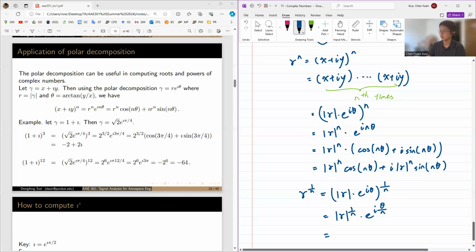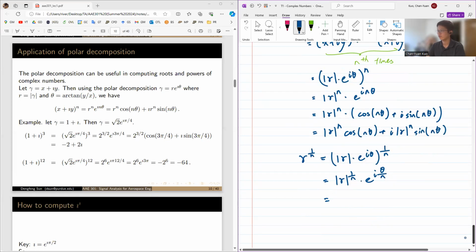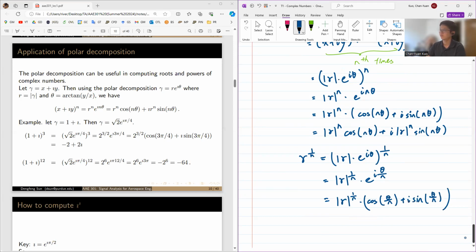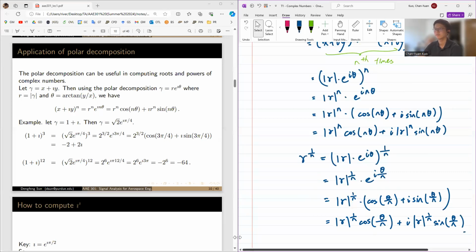And now we can convert this back to the Cartesian form by applying Euler's formula. So we will get gamma to the 1 over n times cosine theta over n plus i sine theta over n. And we will end up having gamma to the 1 over n times cosine theta over n plus i gamma to the 1 over n sine theta over n. Okay.